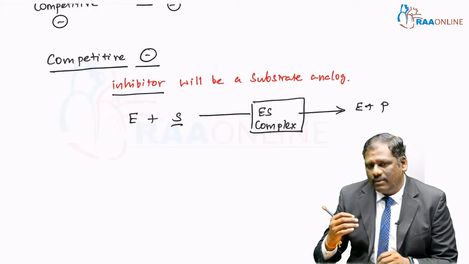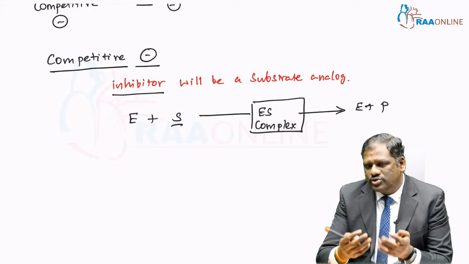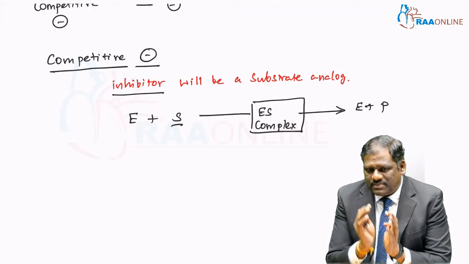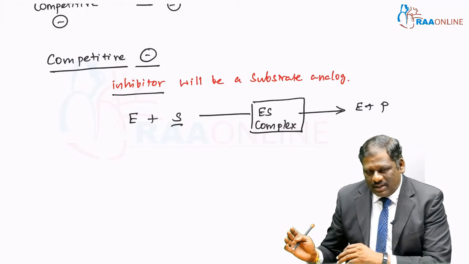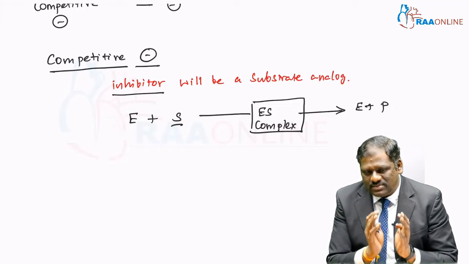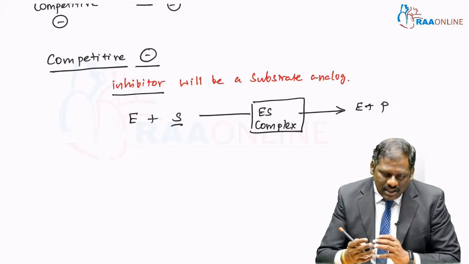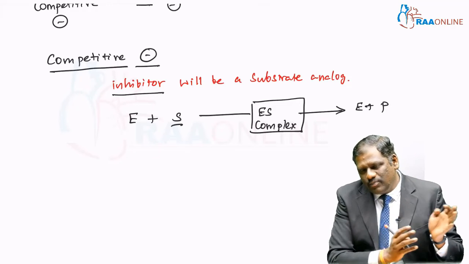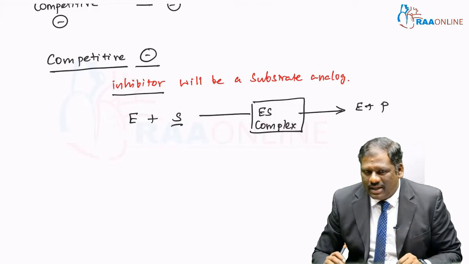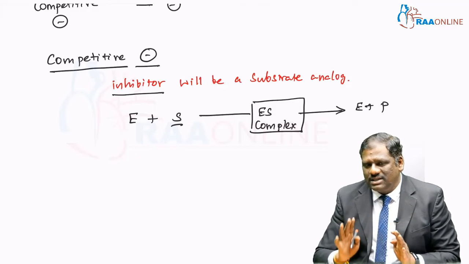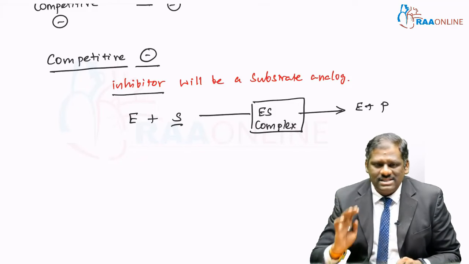Usually, in order for the reaction to go forward, the substrate has to bind on the catalytic site of the enzyme. This results in the formation of enzyme substrate complex, and finally the reaction occurs, enzyme gets removed, and the product is formed. So this is how a normal reaction takes place in the presence of an enzyme.